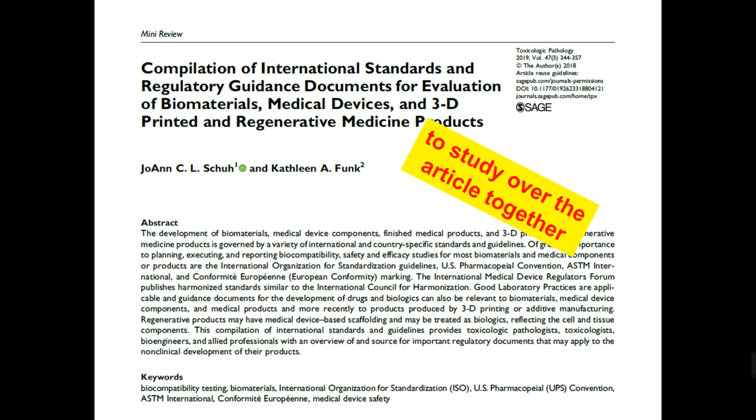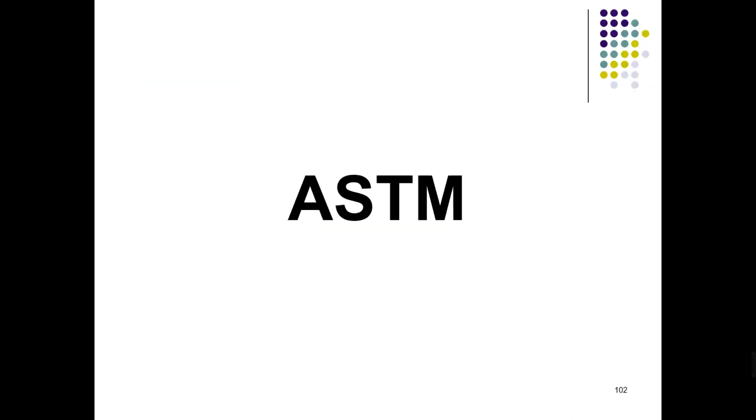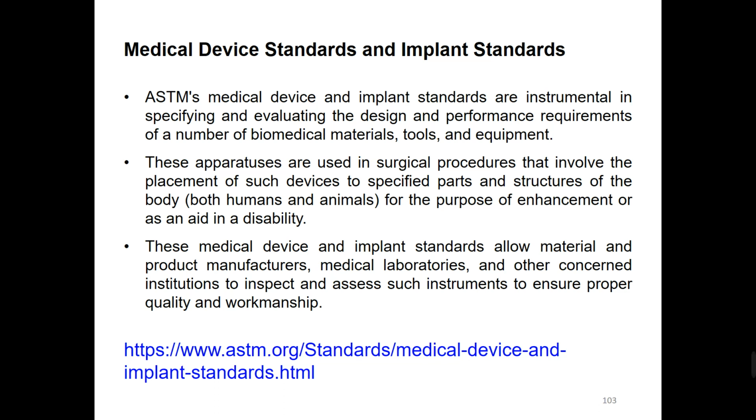So let's take a look at the relation between international standards and guidance to evaluate biomaterials, medical devices, 3D printed and regenerative medicine products. Okay. And then we have another standard. We have ASTM, American Standard for Testing. I don't remember exactly. For medical device standards and implant standards, these are specified based on ASTM.